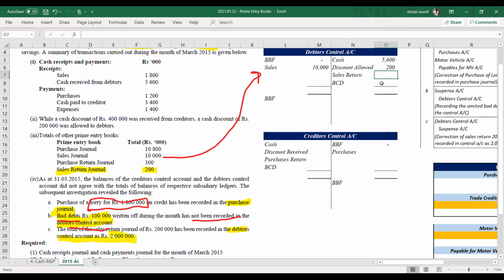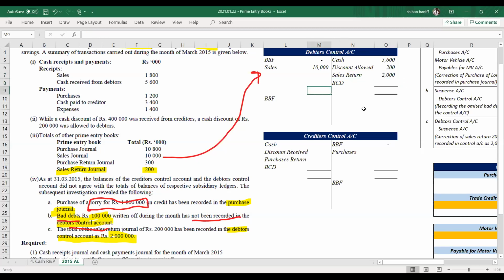Sales return. Now there is an error. The total of sales return 200,000 has been recorded in the debtors control account as 2,000. So this is an error. And the bad debt also not recorded, so we are not recording the bad debt.